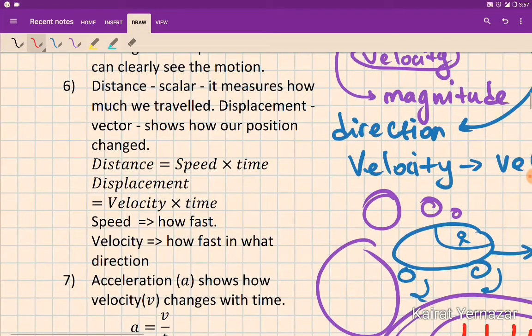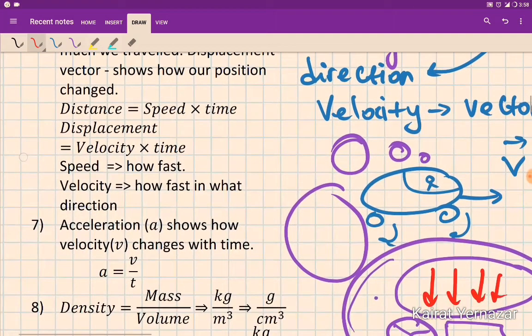Distance is scalar. It measures how much we traveled. Displacement is vector. It shows how our position has changed. Distance equals speed times time, and displacement equals velocity times time. Speed shows how fast it is, and velocity shows how fast and in what direction.